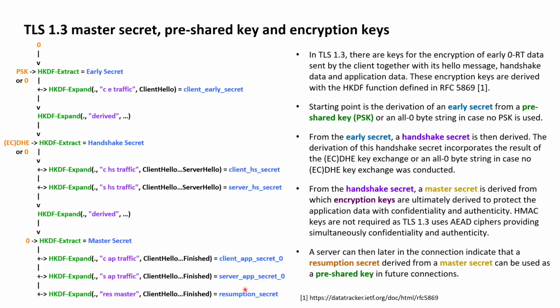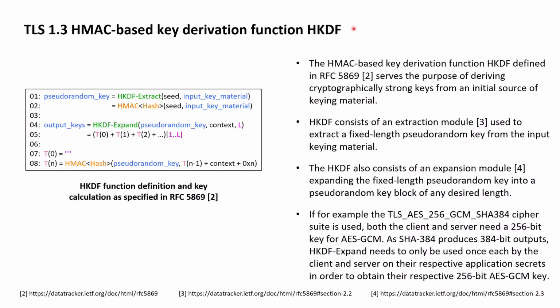It's now clear that this HMAC-based key derivation function HKDF is of highest importance to TLS 1.3, so let's have a closer look at it. The HMAC-based key derivation function HKDF is specified in RFC 5869 and serves the purpose of deriving cryptographically strong keys from an initial source of keying material.